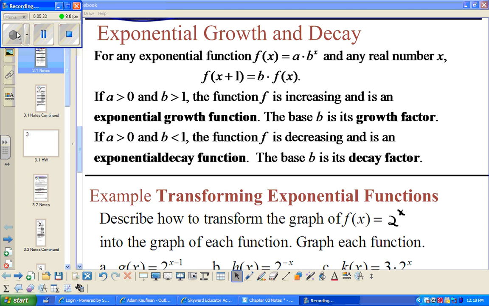So now we'll talk about exponential growth and decay. If you haven't done so already, you should pause this video and write down this definition of exponential growth and decay.